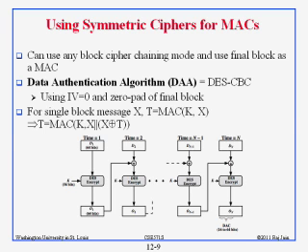Okay, and DES is right here. This will take a 56-bit key and a 64-bit message block, and produce a 64-bit output. So the final hash would be 64 bits long.